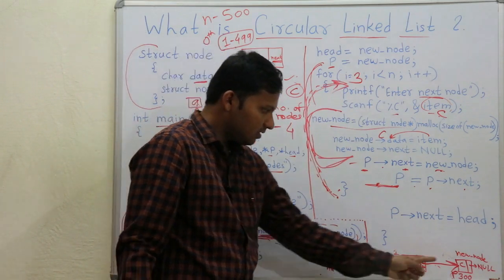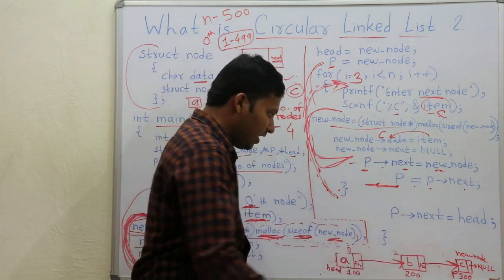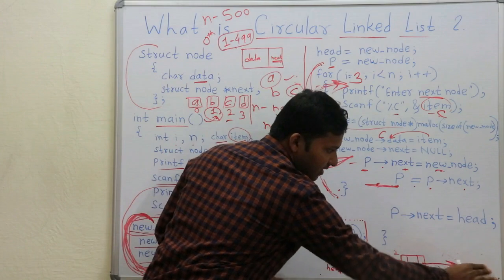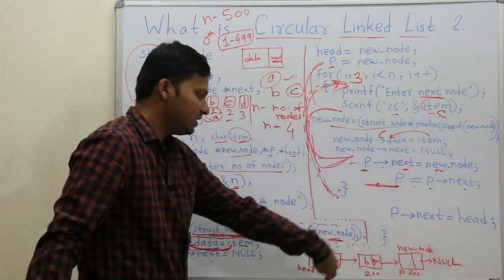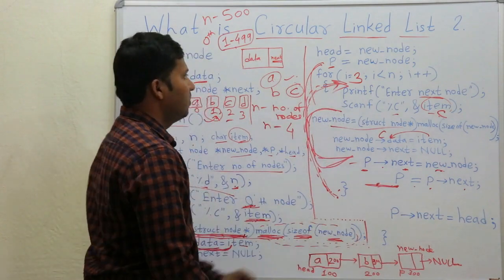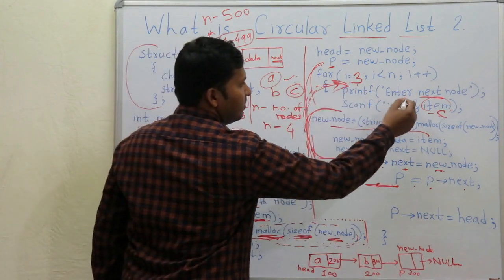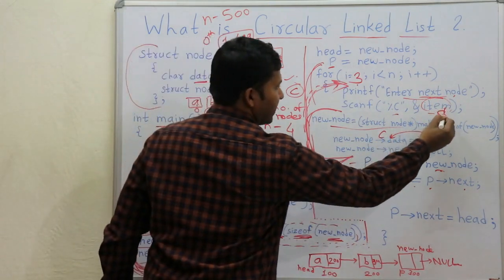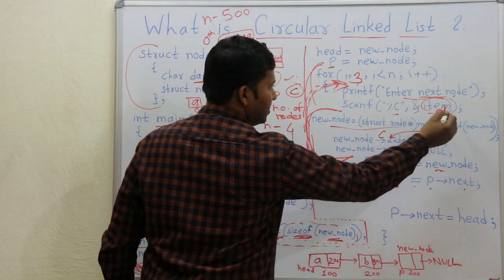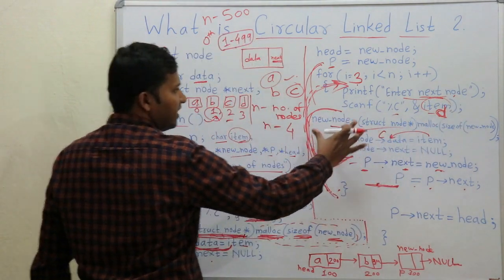As there is less space here, I will just clean this and write it in a compact way. So this is the linked list. Now let's start. I is equal to 3. Printf enter next node. The user has entered D. Here it is D.